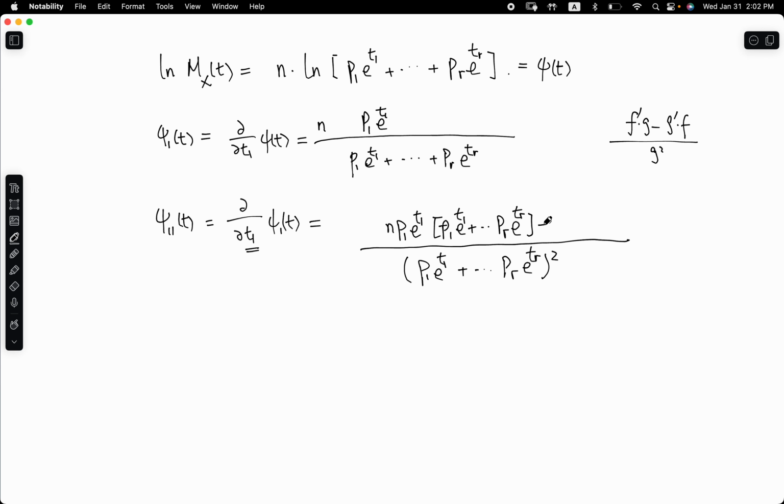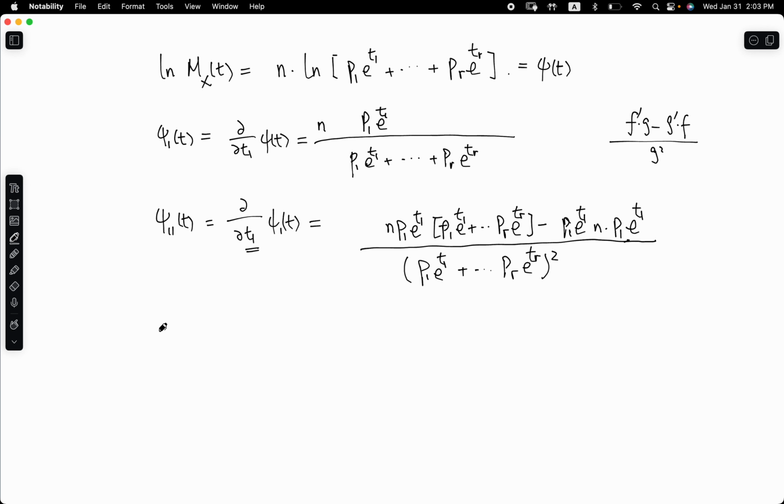Okay, and then minus g prime. So again, this is only P1 e^t1, the derivative of the denominator, so only the first term involving t1, so it's still going to be that multiplied by f, the numerator. So n multiplied by p1 multiplied by e^t1.